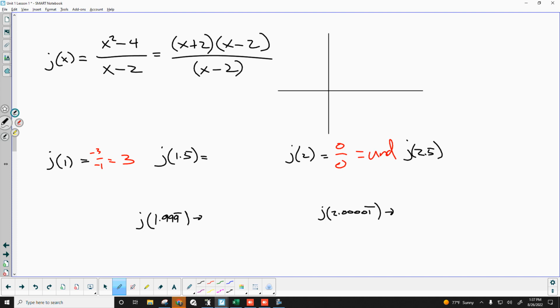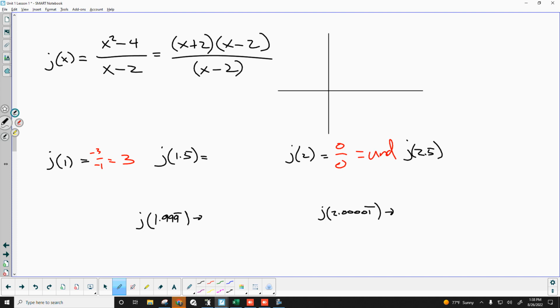Don't cross off the x minus 2's. Don't do it. Because then if you cross off the x minus 2's, you're going to tell me j of x is x plus 2. And you're going to plug in 2 into x plus 2, and then you're going to tell me that's 4. No. I'm not allowed to plug in 2 into this because I get 0 over 0. Got that? So, don't cancel.